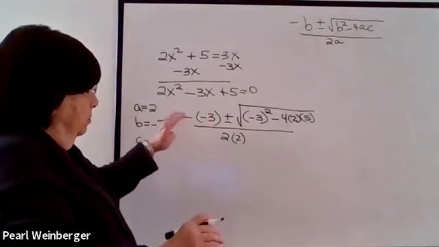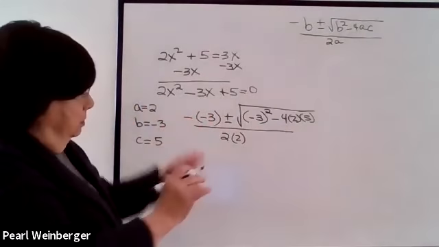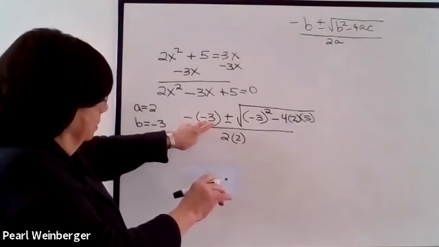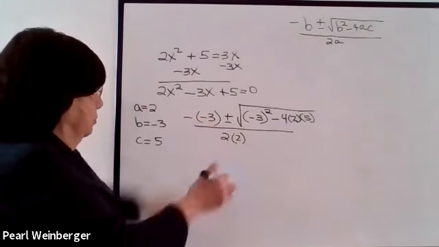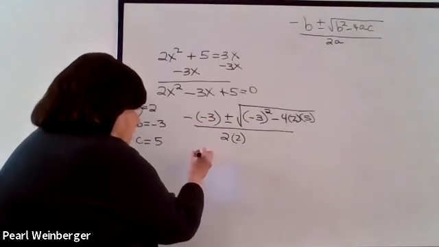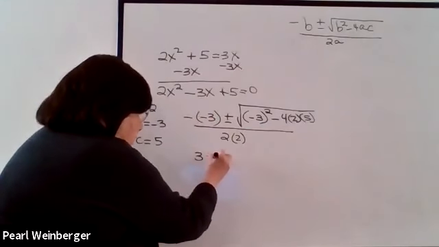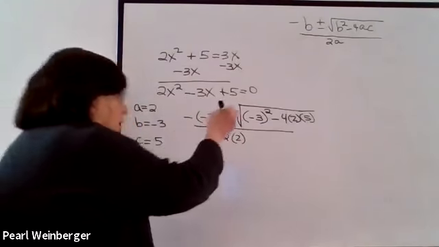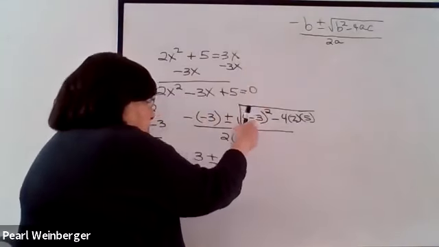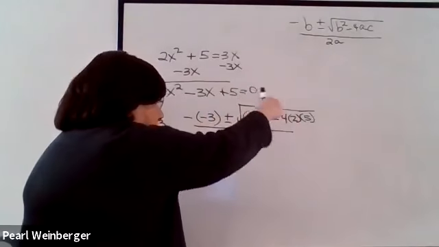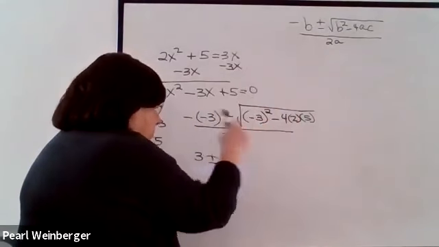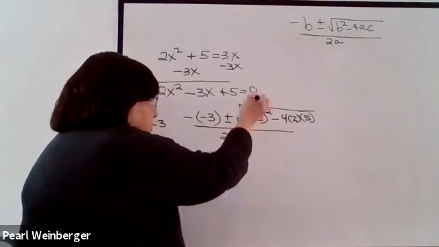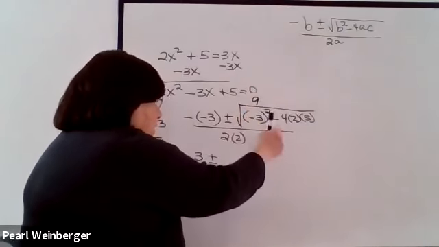Okay, now let's start simplifying things. First of all, a negative and a negative become a positive. So negative 3 becomes 3. Okay, let's see what we're going to have inside the radical. I always like to do it right on top. Negative 3 squared is negative 3 times negative 3, which is positive 9.